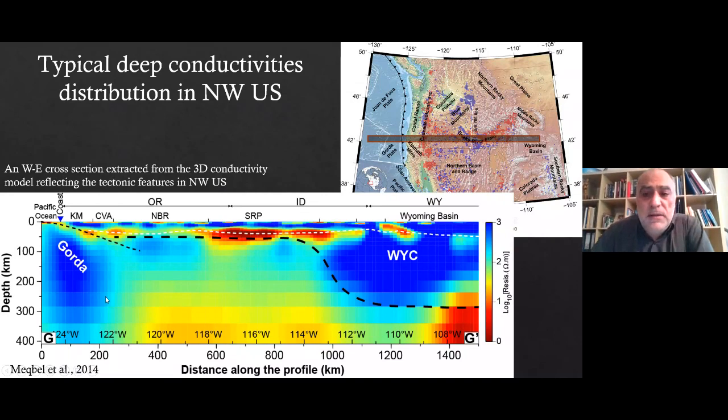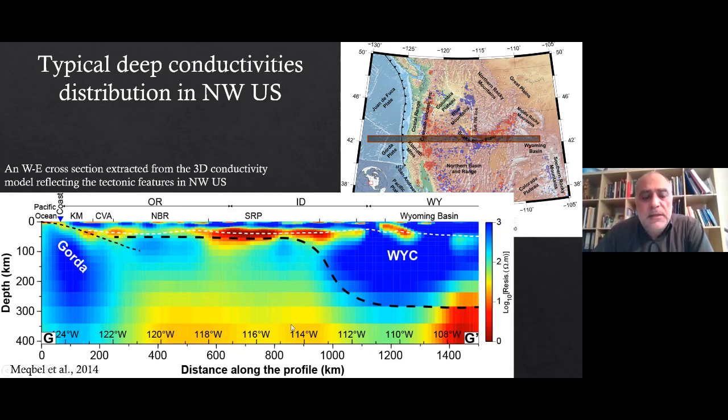It is very interesting to see that such a conductive anomaly goes down to 400 kilometers. Another note is that in all the figures I will show, red and yellow colors are conductive structures. Light blue to dark blue are resistive structures.